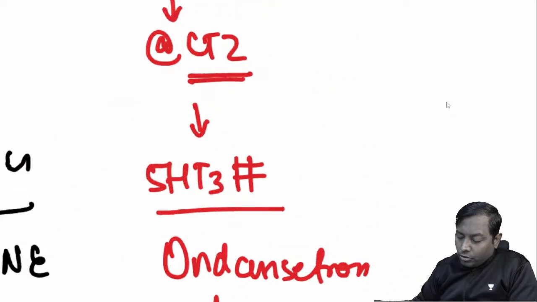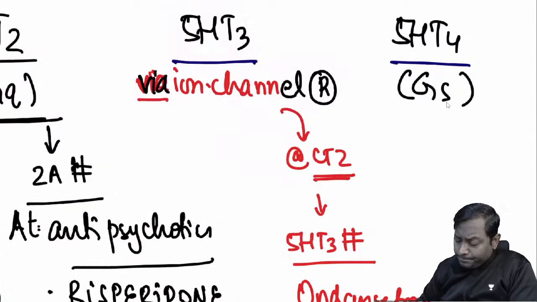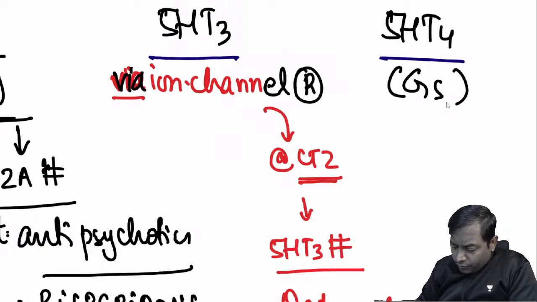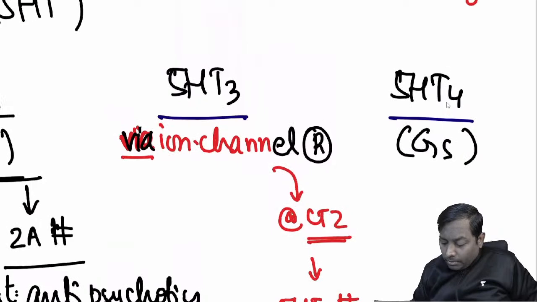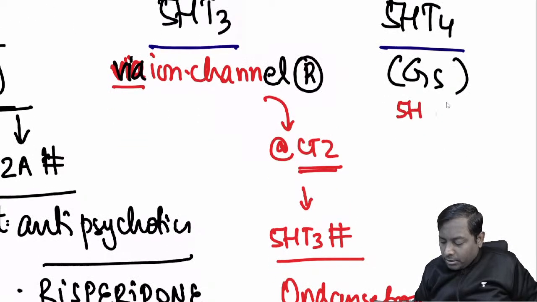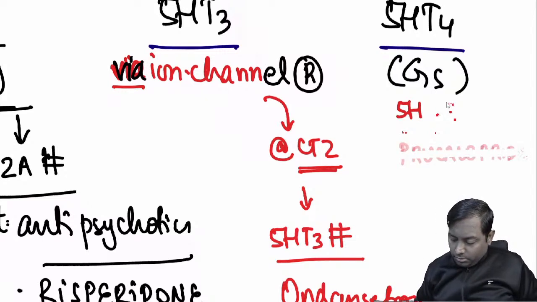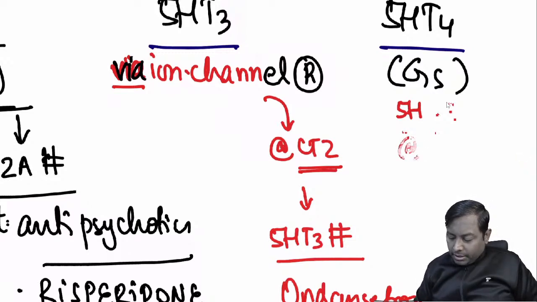Then we are also going to talk about 5HT4, one very important drug that I want all of you to remember. We are going to use 5HT4 agonists, as I told you, 1 and 4 agonist. Do remember the name of the drug will be prucalopride. They are mainly present in the GIT and they are going to increase the motility of the intestine.